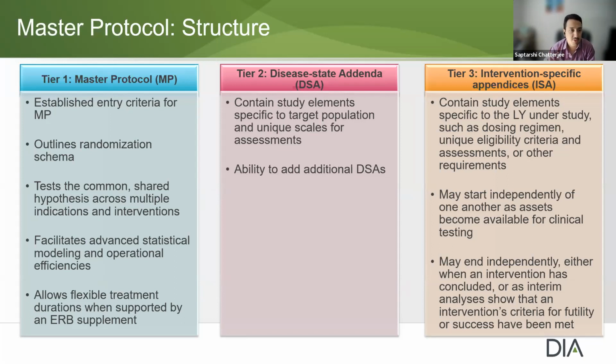Something like the entry criteria for the master protocol, and we had a common randomization schema across all the ISAs. So those were outlined in the master protocol, as well as the hypothesis that we are going to evaluate. That's a common shared hypothesis across all indications and interventions, and that is also documented in the master protocol.